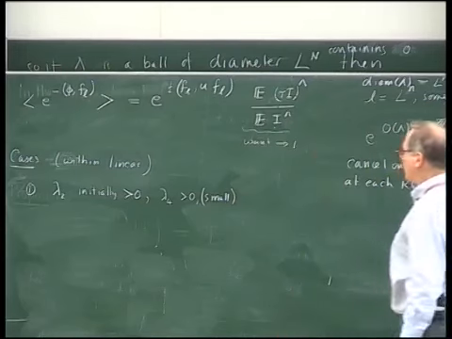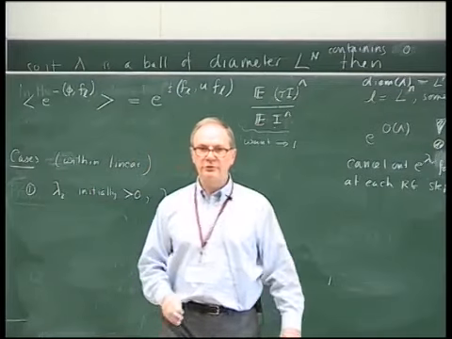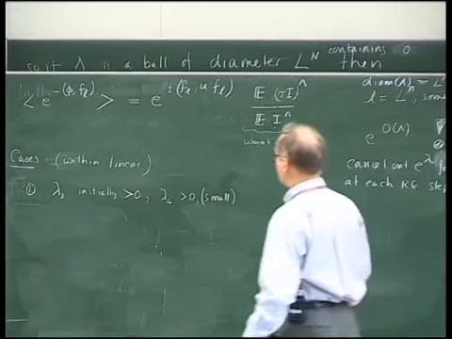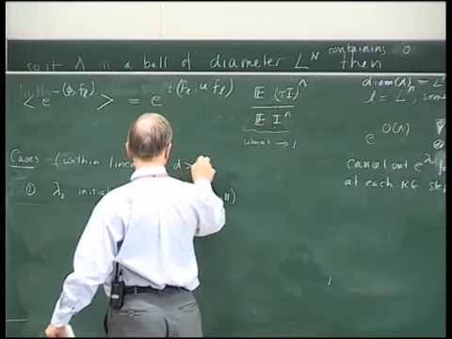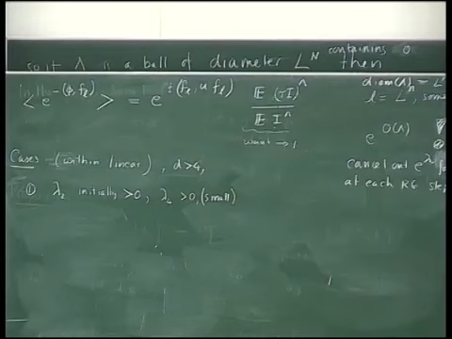Now, what will happen here? Well, lambda 2 is relevant and it will grow. So there'll be a big coefficient in front of the phi squared. Lambda 4 is irrelevant. This is going to be for dimension greater than 4 for the moment. Lambda 4 is irrelevant and will die.